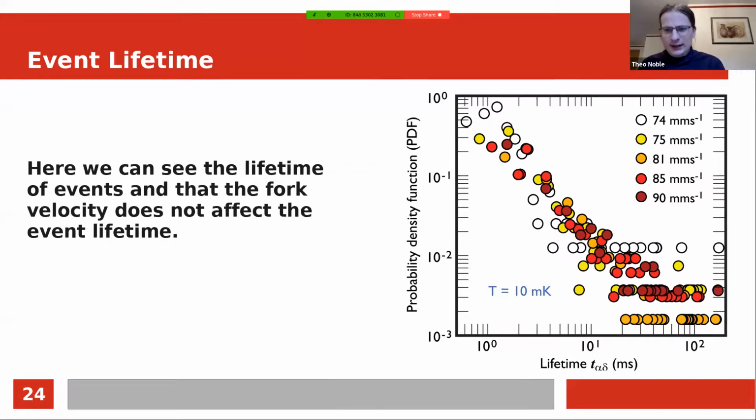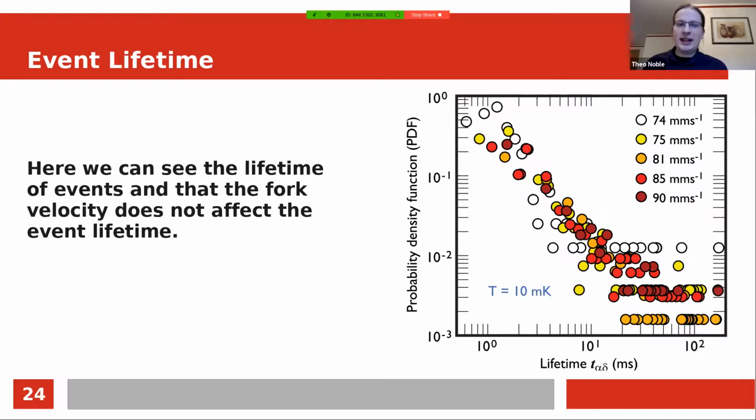Another thing we can look at is the event time, the lifetime of the vortices on the nanobeam. So the time from the capture of the vortex to the release of the vortex by the nanobeam. What you can see here is that it's not affected by the tuning fork's velocity, which is slightly counterintuitive to what you might naively expect, because you would expect that if there are more vortices about, then surely there'll be more chance for the nanobeam to interact with another vortex when it's got a vortex on it.